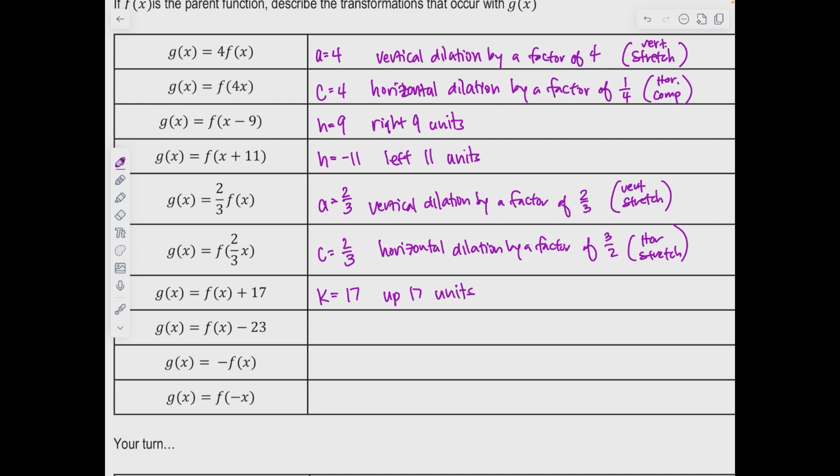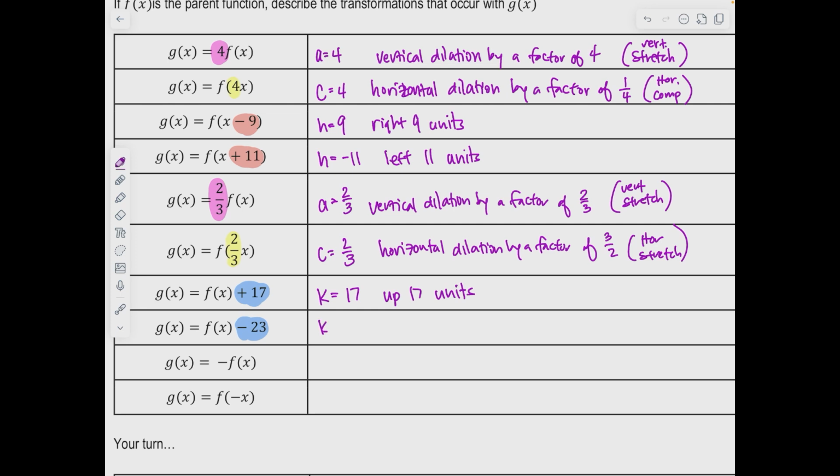So again, just to kind of point it out to you, a values are multiplying outside of the parentheses. Okay. C values are multiplying inside the parentheses. Your H values are being added and subtracted inside the parentheses, whereas your K values are being added and subtracted outside of the parentheses.